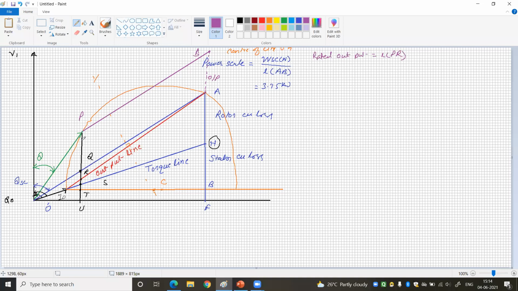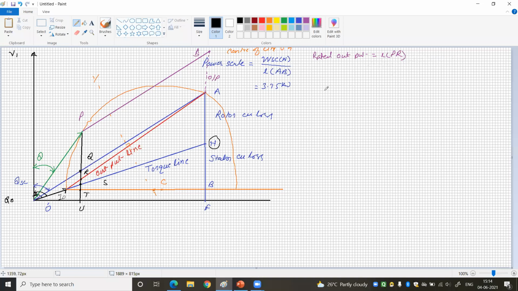So from P to Q, this point is there. Okay, P, Q, R, S, T, U. So up to the output line, it is equal to the length P to the output line. This is the meaning.